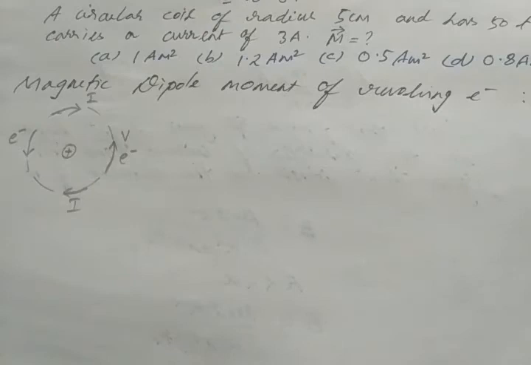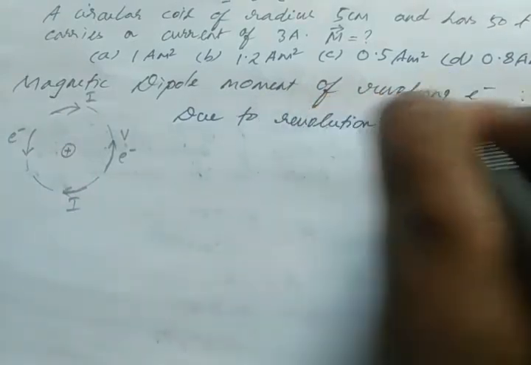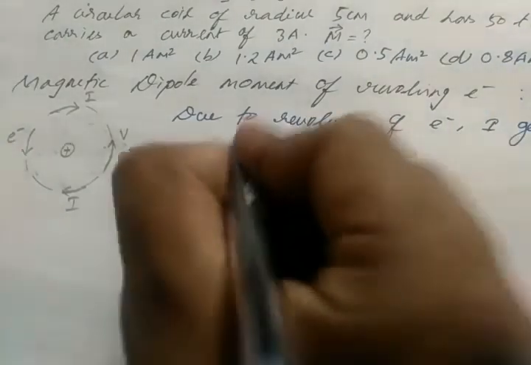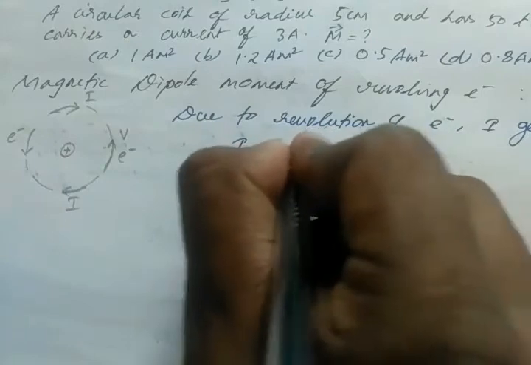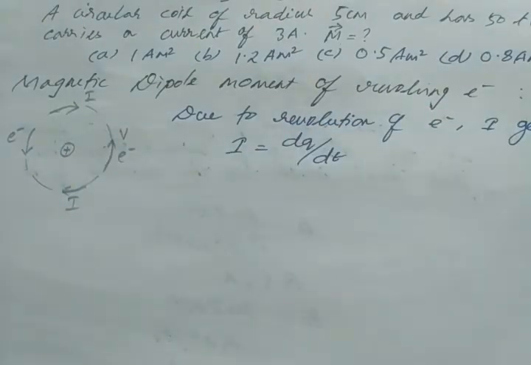So due to the revolution of the electron, some current is produced, right? Because whenever an electron moves, charge moves, we get current. So the current generated by the revolution of the electron is given by the formula I equal to dq by dt, the amount of charge passing through a unit cross section.